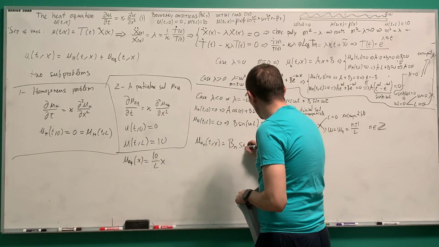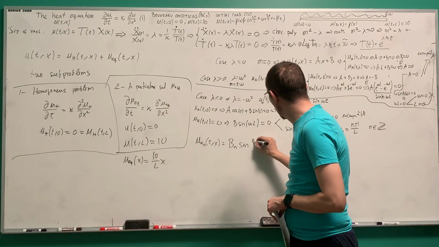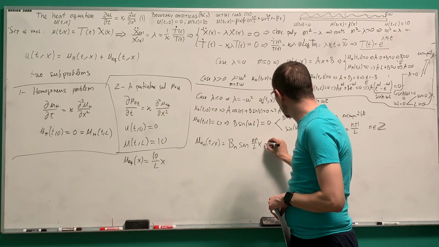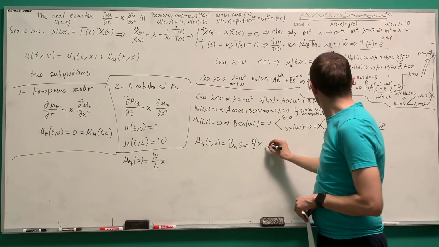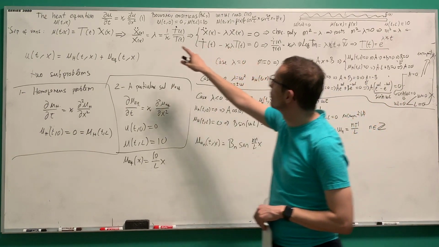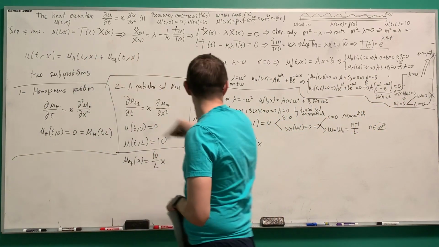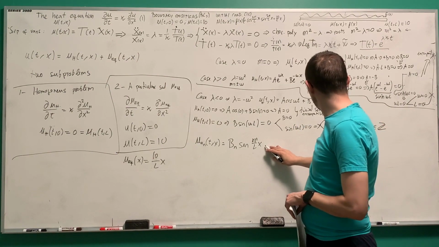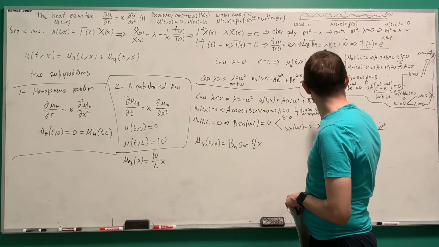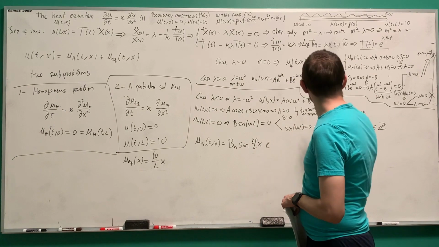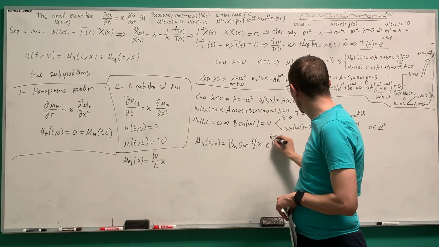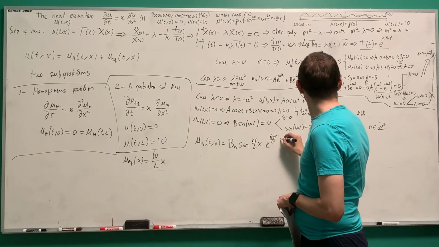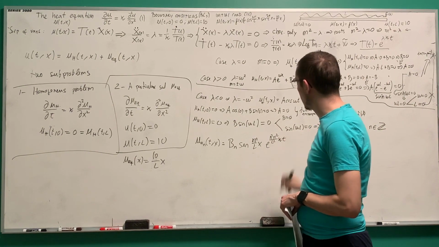Sine of omega n x, which is n pi over L x, right? And that multiplies the t solution, because you remember, the solution is the product of the two. So the t solution here is e to the lambda, and lambda is omega squared, so it's n pi squared over L squared kappa t.